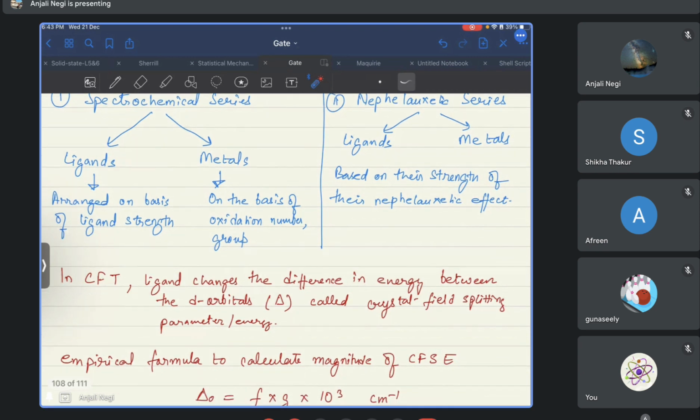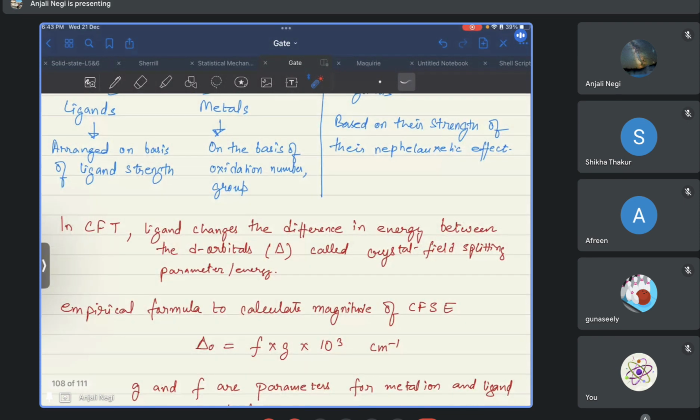In the first part, the spectrochemical series: we all know in crystal field theory that the ligand brings up a difference in the energy between the d orbitals of the metal when it comes closer to the free ion of the metal, correct?